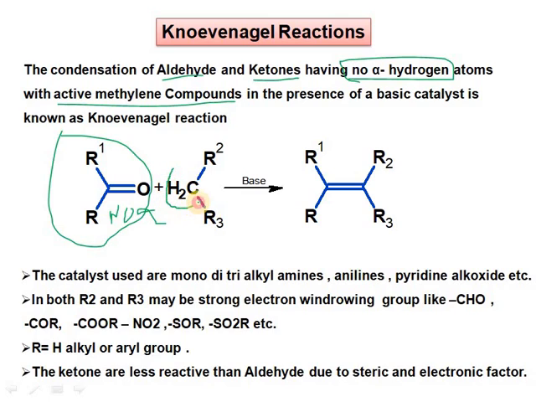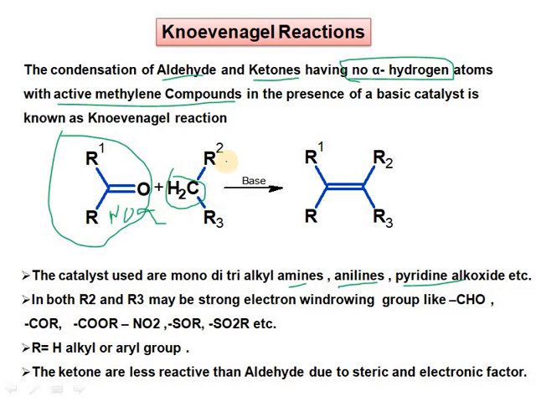This is the active methylene compound, with R3 and R2 being electron withdrawing groups, in the presence of a basic catalyst to form this alkene. This is called a Knoevenagel condensation. In Knoevenagel condensation, the catalysts mostly used are mono-, di-, trialkyl amines, anilines, pyridine, alkoxides, etc.